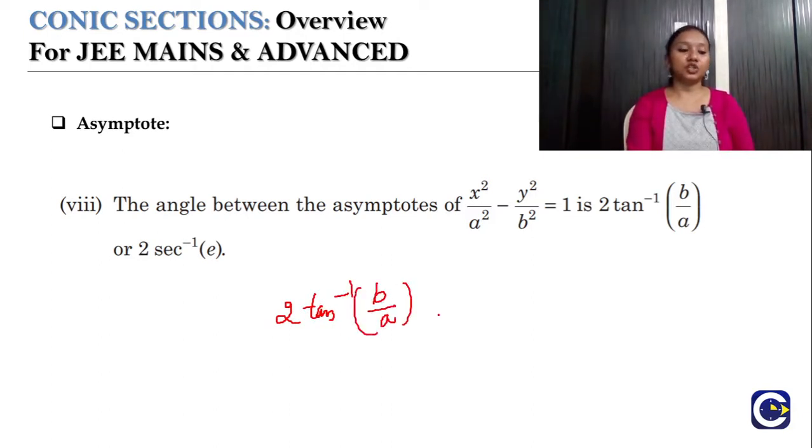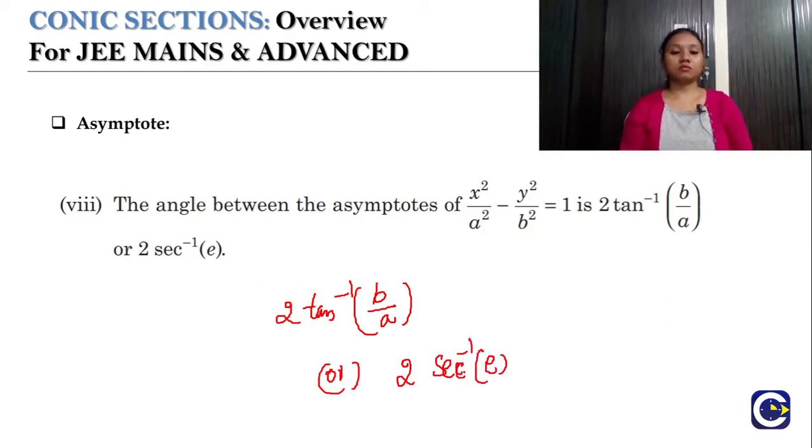So we can use this, that is 2 tan inverse b by a, or we can use it in terms of secant also, that is 2 secant inverse of the eccentricity. So either one we can use in order to find the angle between the asymptotes. Right. So here you can actually remember the equation, so that will be easy, and you have to remember the relation also between our equation of hyperbola as well as our combined equation of asymptotes. So they actually help us in order to solve questions related to our asymptotes as well as the hyperbola.